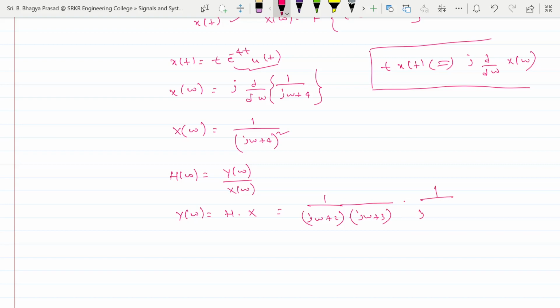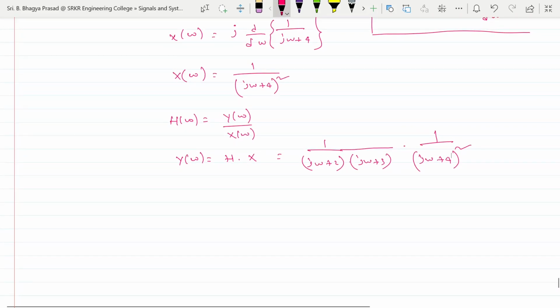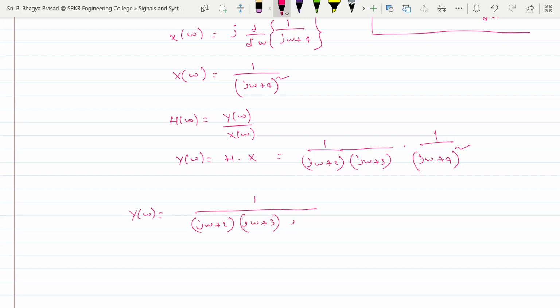X is 1 by (j omega plus 4) whole square. So Y of omega is 1 by (j omega plus 2)(j omega plus 3)(j omega plus 4) whole square.